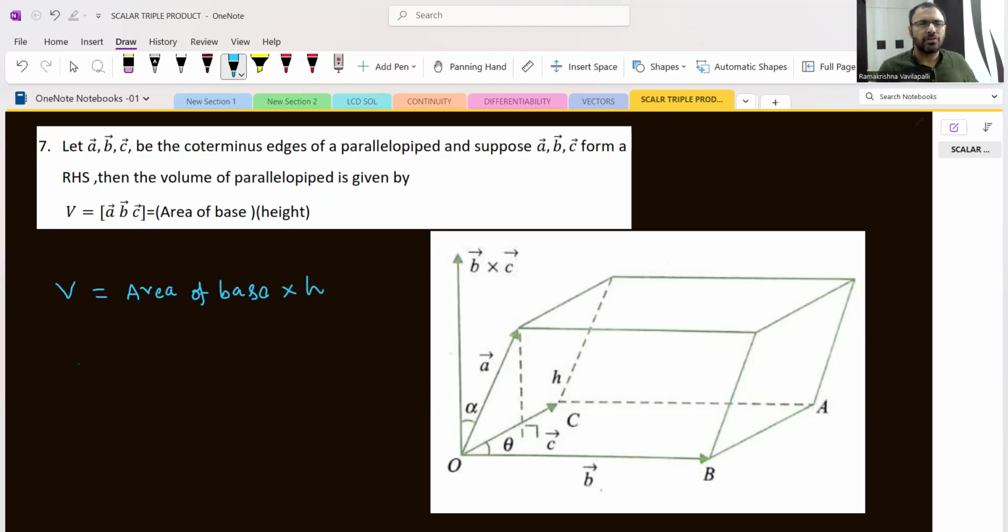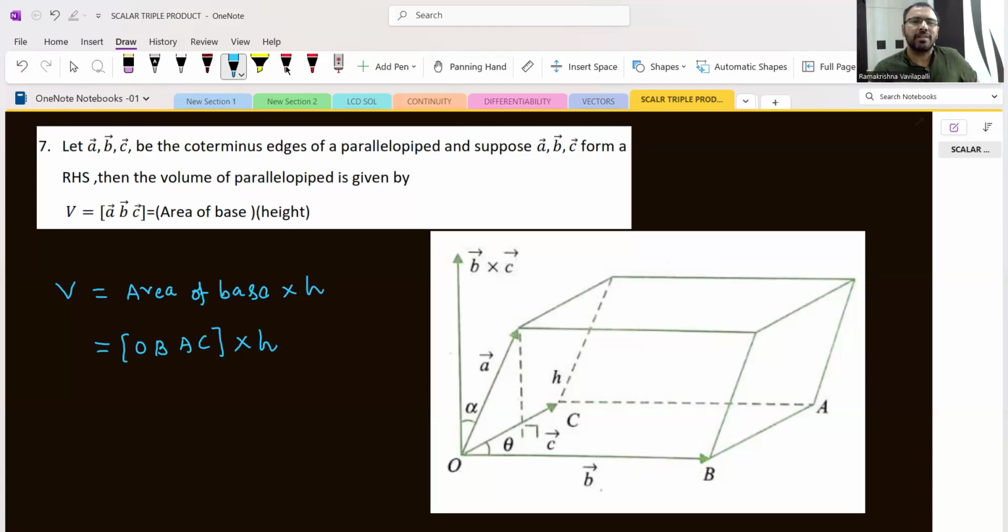So here area of base into height is nothing but, you observe the diagram, the area of OBAC. That is the parallelogram, into height. This is the height.